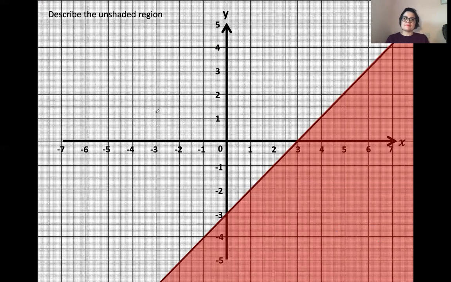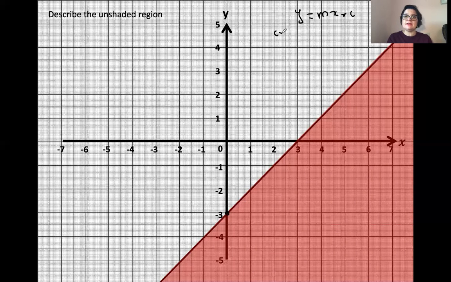Next one. Again, it's a solid line. First thing first, we need to find the equation of the solid line. And how do we do it? We start with the general formula of a straight line, y equals mx plus c. C in this case, you see the y-intercept, is -3.